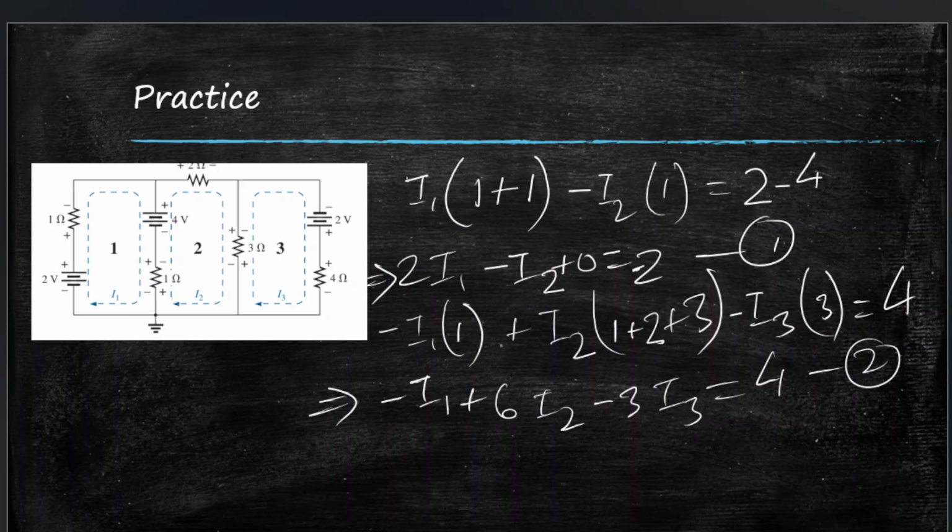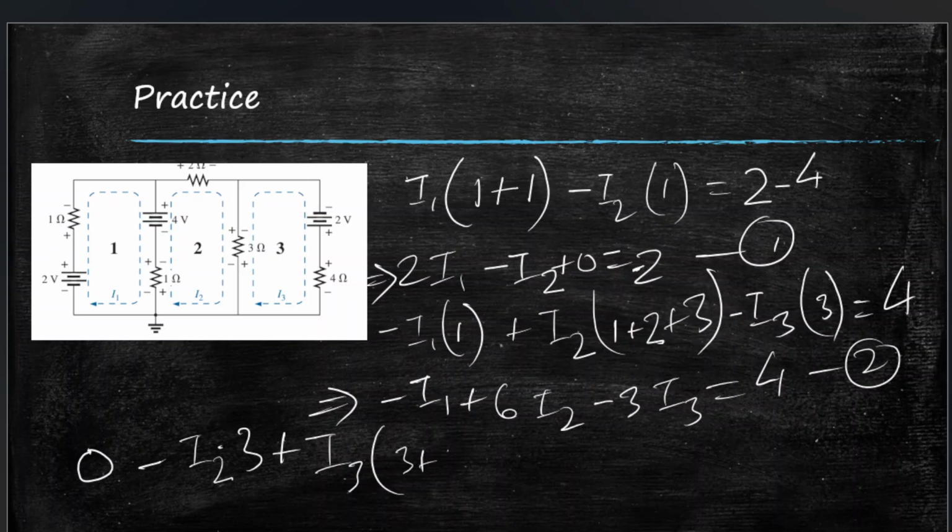Now for loop 3, we'll put i2 first. First we'll put a 0. This was supposed to be i1, but there's no i1 for loop 3, so it's 0. And then we put a minus i2, and it'll be 3. Finally, I did not put an unnecessary bracket. Plus i3 times all the resistors, which is just 3 and 4.